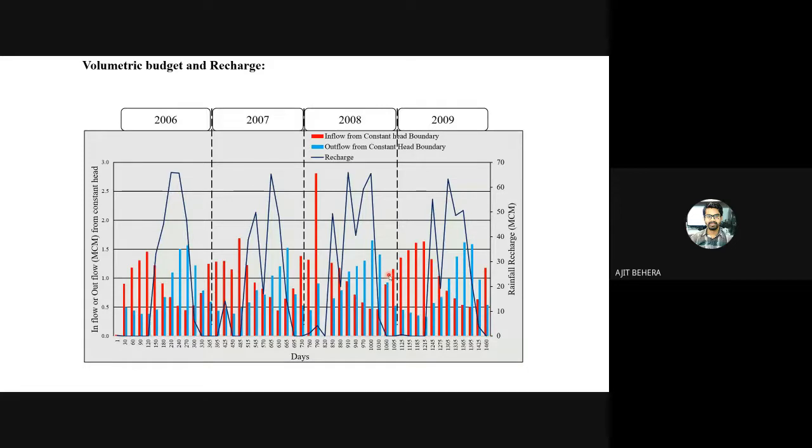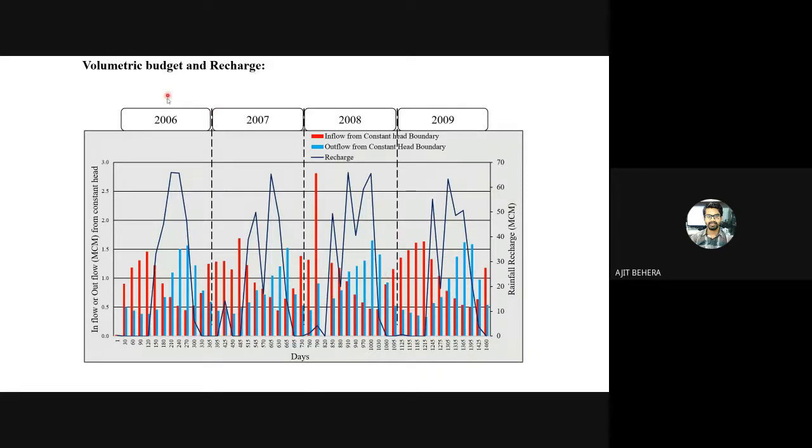How much groundwater resources do we have, and how is this aquifer system affected by the presence of the sea or constant head boundary, and how does rainfall influence the groundwater condition? Here we have mentioned it.